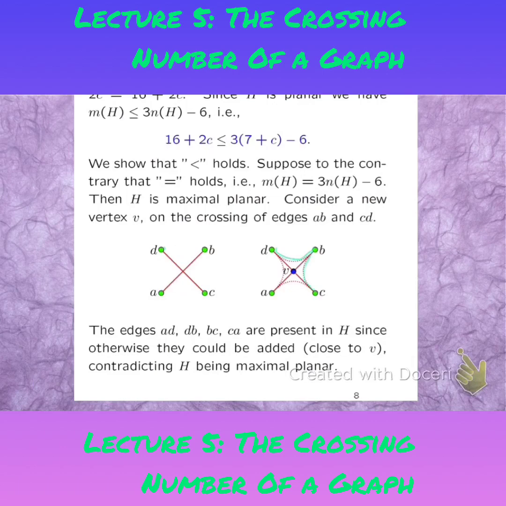You're never going to introduce any new crossing by doing that, and that's going to imply that your graph is not maximally planar. So you need those edges to exist. Those edges are present in H, since otherwise they could be added close to V, contradicting the fact that H is maximal planar.